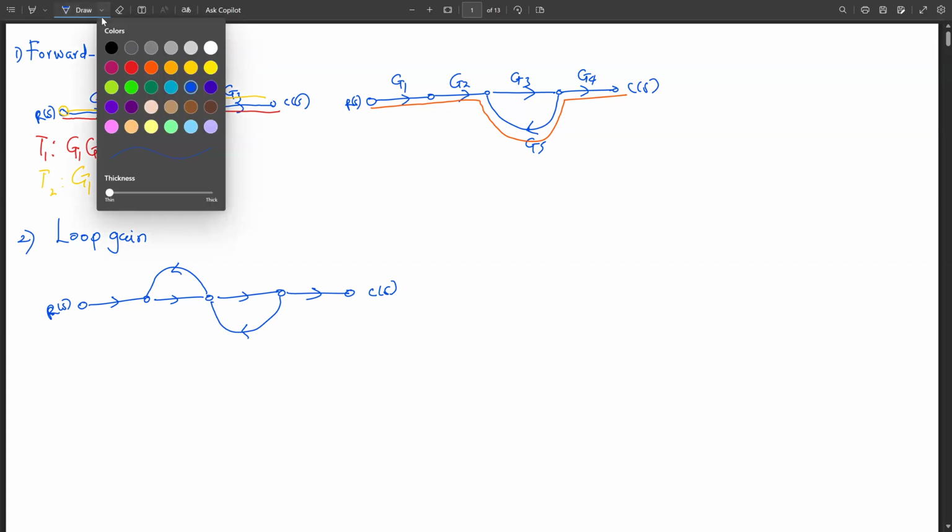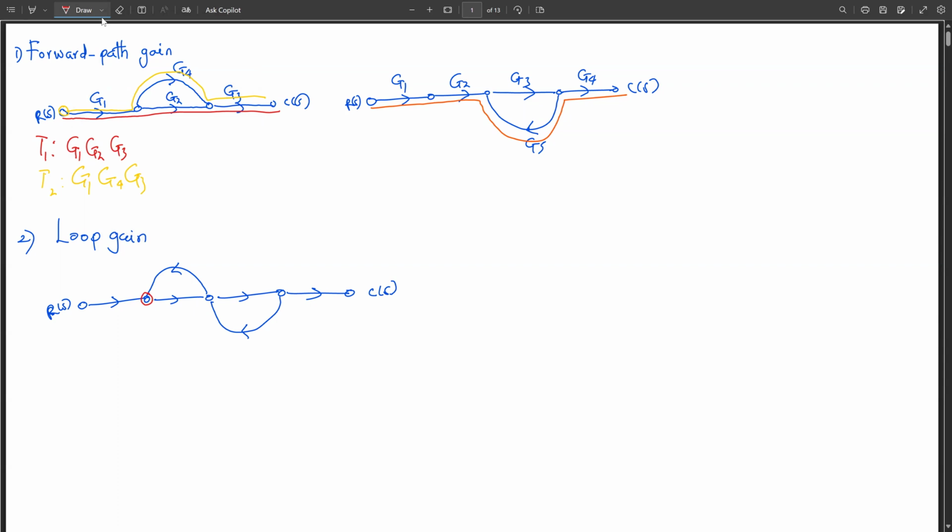So let's say I start from a node, I start from this node. Then I traverse from here, following the signal flow to here. Then I end on the same node. This is a loop. If I take this node here too, and follow the signal flow, I end up on the same node.